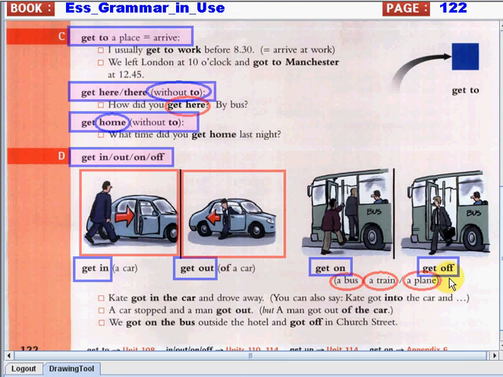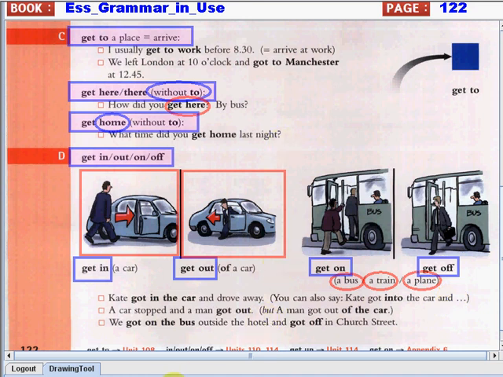Now, to help you understand this more, let's try to use it in a sentence. Kate got in the car and drove away. You can also say Kate got into the car and drove away. Did you notice that?